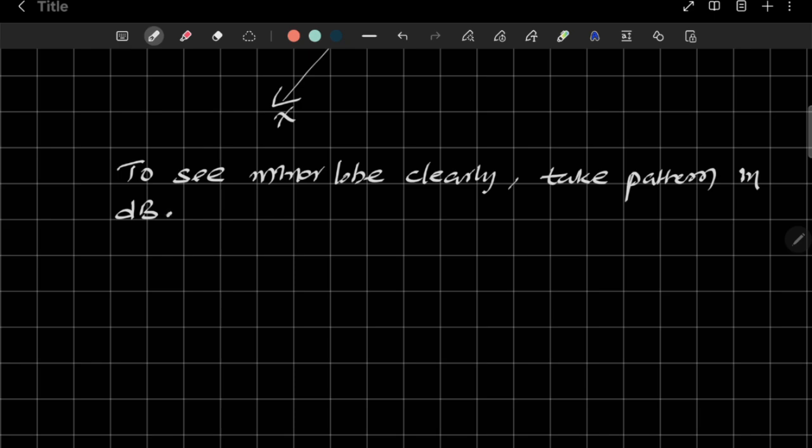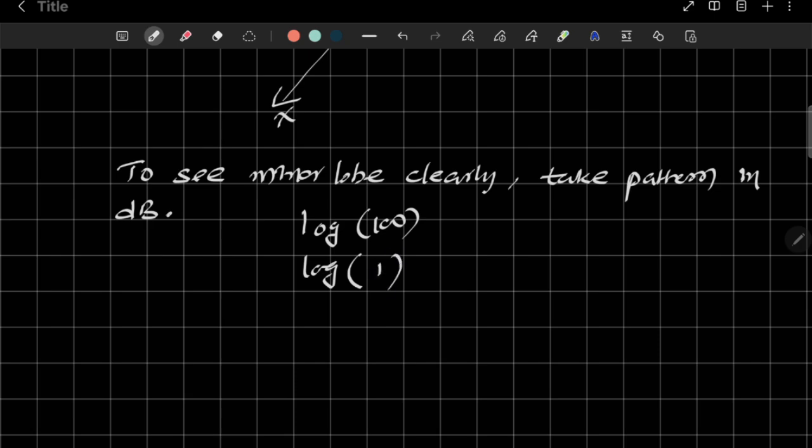That is the advantage of the dB. Okay, because you can check logarithm of 100, logarithm of 1.